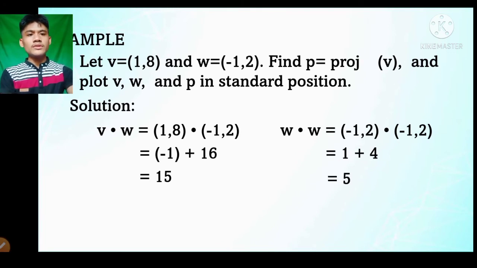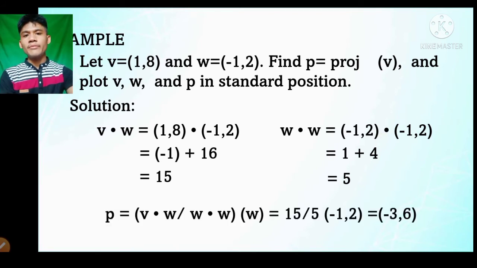The next one is to find P. We have this given formula: P is equal to V dot W over W dot W, times W. So we have V dot W, which is 15, just substitute, and W dot W is 5.